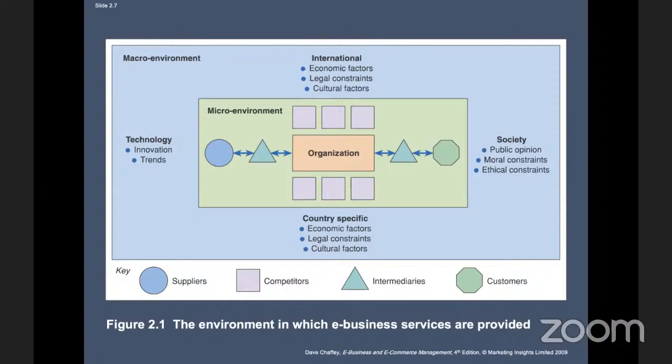And in the country specific, obviously same as the international, you have to consider your economic factors, legal factors, and cultural factors. For society, public opinion, moral constraints, and ethical constraints are very important, because you have to respect every single stakeholder of your business.